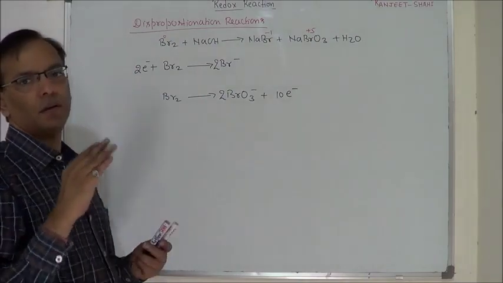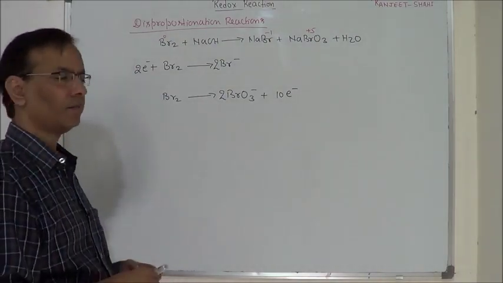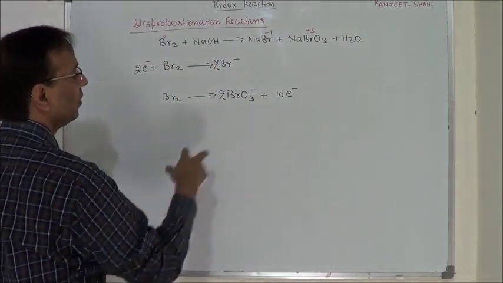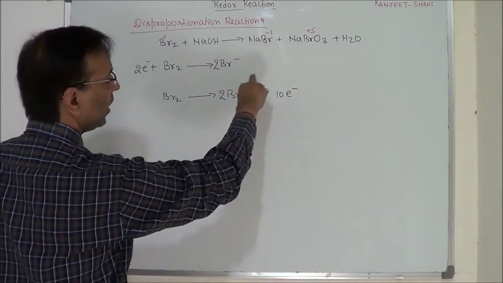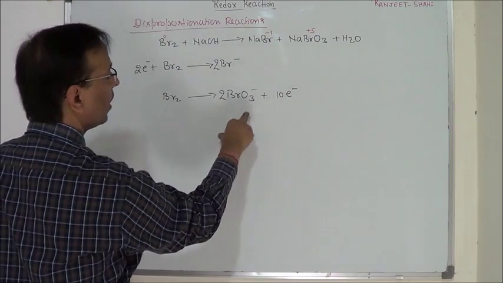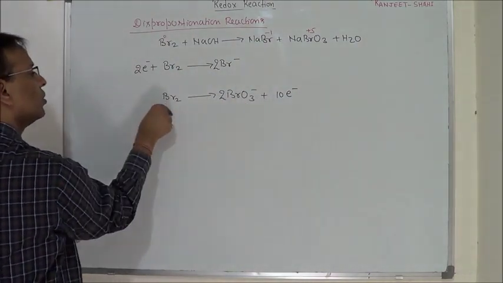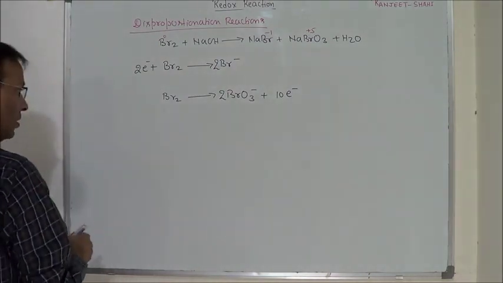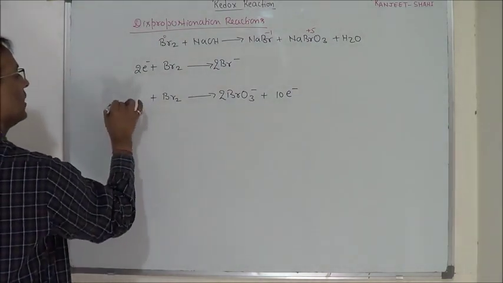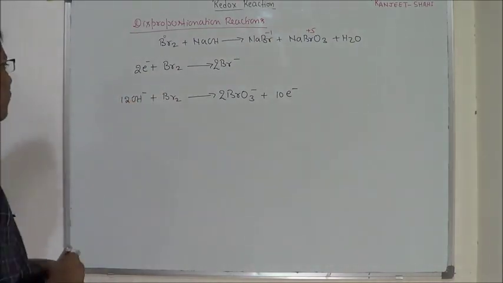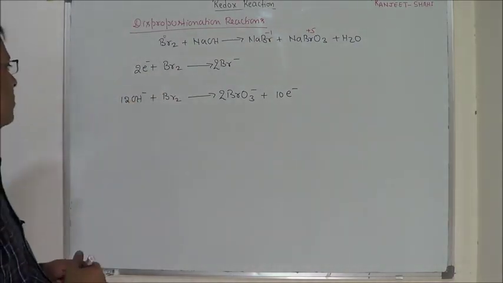Then charge balancing. -2, -2 balanced. -2, -10, -12. Medium is basic. -12, 0. So on this side also the charge should be -12, and that can be done only by adding 12 hydroxide ions. Now balance the hydrogen and oxygen.